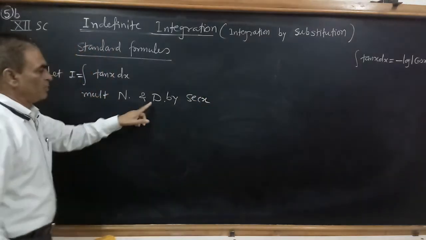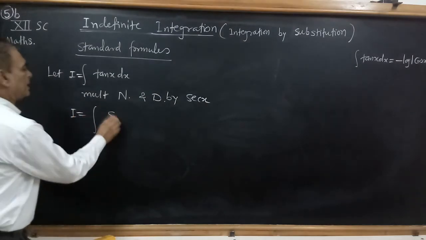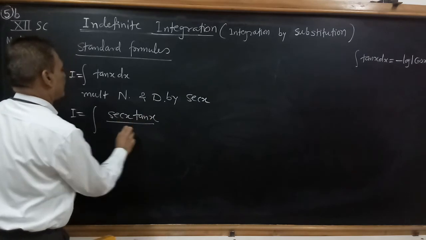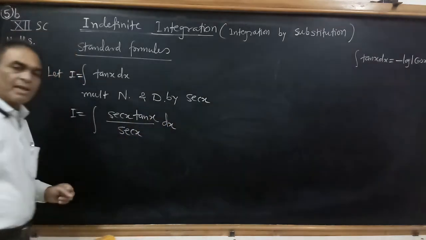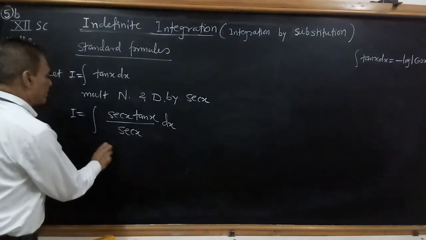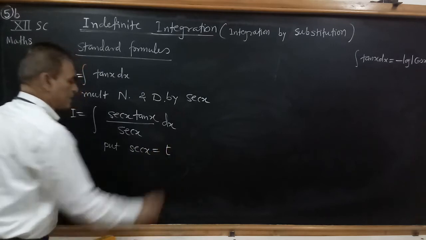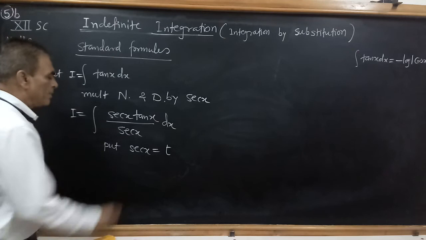Therefore, I becomes integration of sec x tan x divided by sec x into dx, and use substitution: denominator equal to t. Sec x is equal to t.